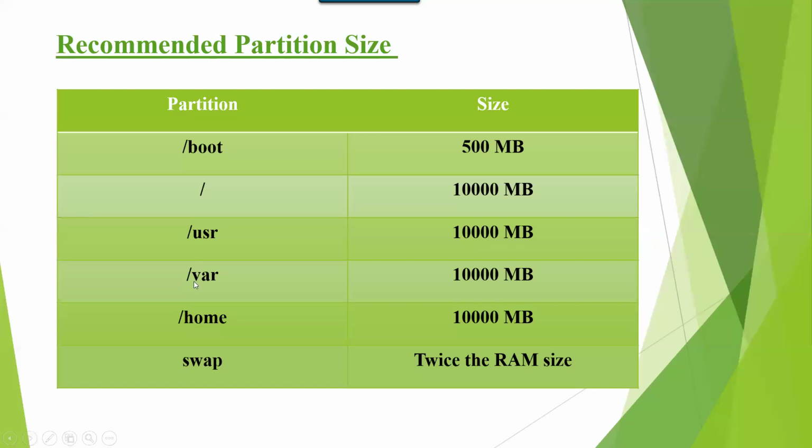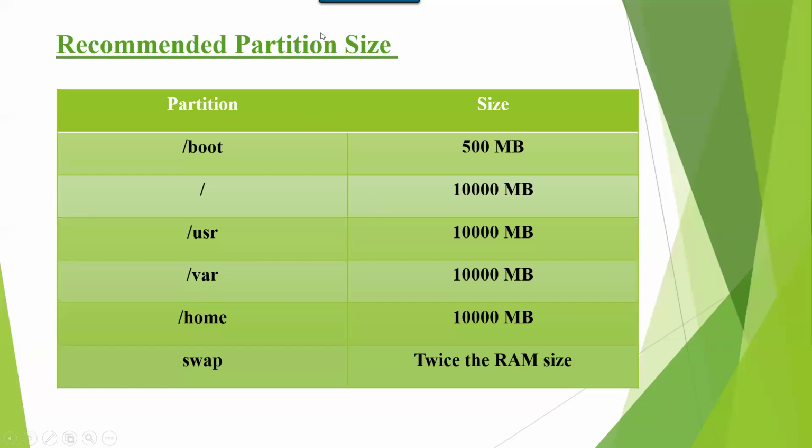Because /var is recommended in server PCs because var contains variable files, system log files. How many users are logged in, how much time they logged in, what processes they are using, how many process IDs they open, what applications they open, what commands they are executing. All that information var contains.